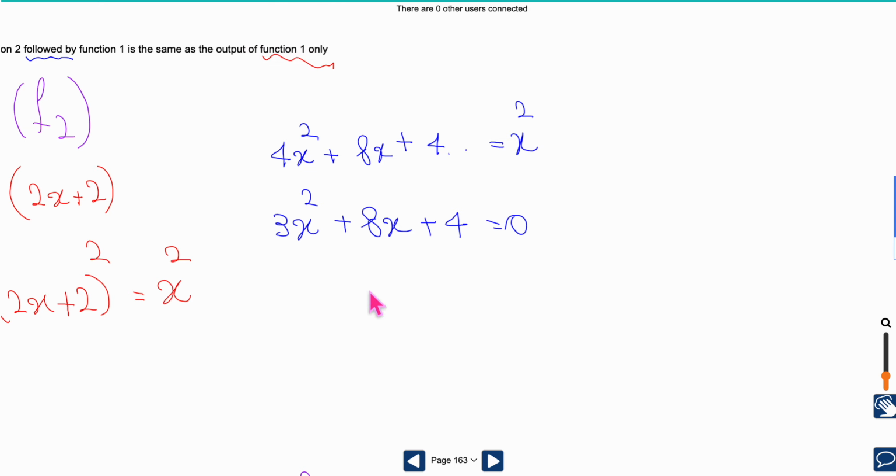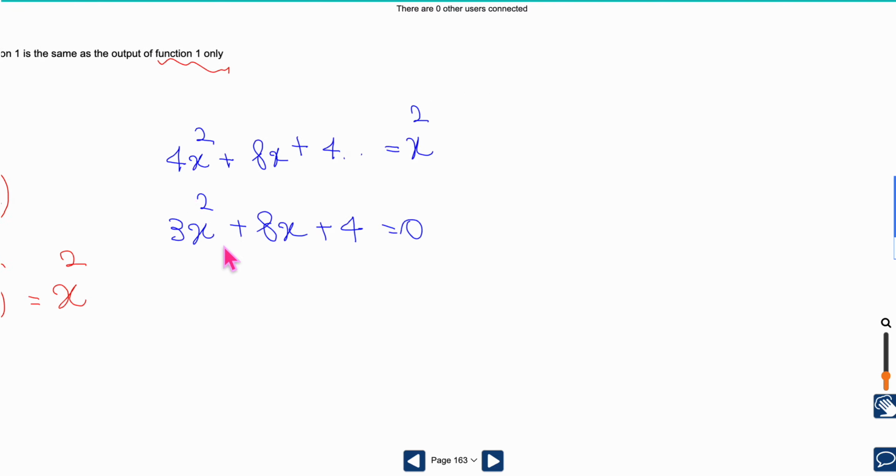Now to solve this, I can either use the quadratic formula or I can use the big X, whichever you're more comfortable with. I'm going to be using the quadratic formula. So let's find the right fraction here: negative b plus or minus the radical of b squared minus 4ac, over 2a.